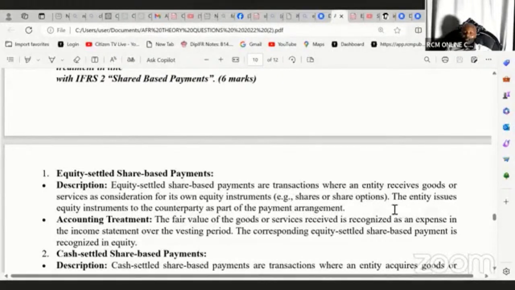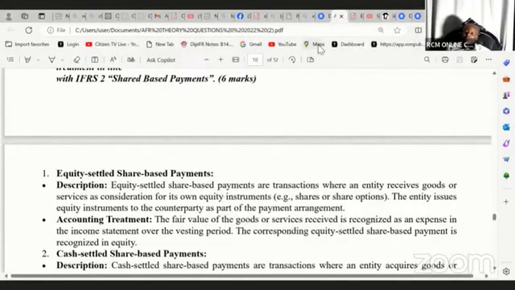The entity issues equity instruments to the counterparty as part of the payment arrangement. Accounting treatment: the fair value of the goods or services received is recognized as an expense in the income statement over the vesting period. The corresponding equity settled share-based payment is recognized as equity.